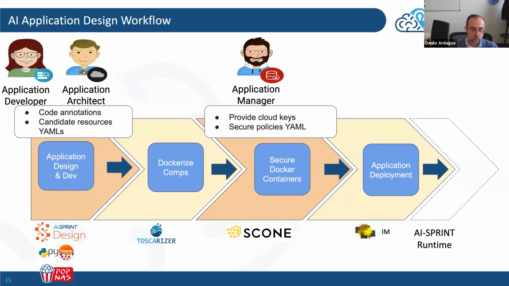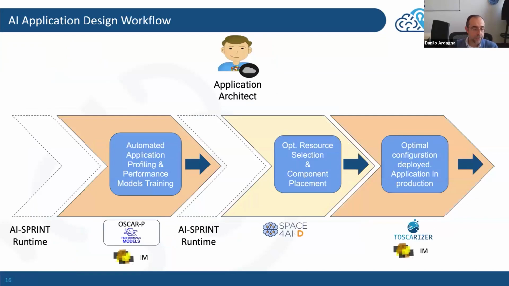Then what additionally needs to be done is to provide the cloud keys for accessing the infrastructure and the secure policies, which are detailed secure policies that are still provided just by YAML files, without requiring, for example, the recompilation of binaries. Then we have the Infrastructure Manager that automates the application deployment. And at this stage, we are able to deploy an application that we can test and run in a minimum setup. Then what happens?